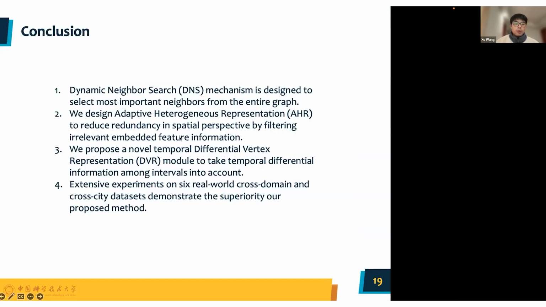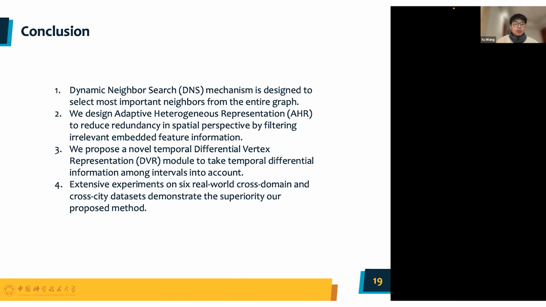In this work, we propose a DNS mechanism to select the most important neighbors from the entire graph. We design adaptive heterogeneous representation to reduce redundancy in spatial perspective by filtering irrelevant embedded feature information.